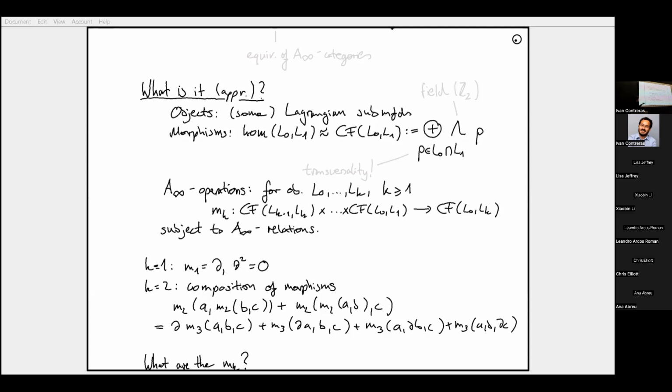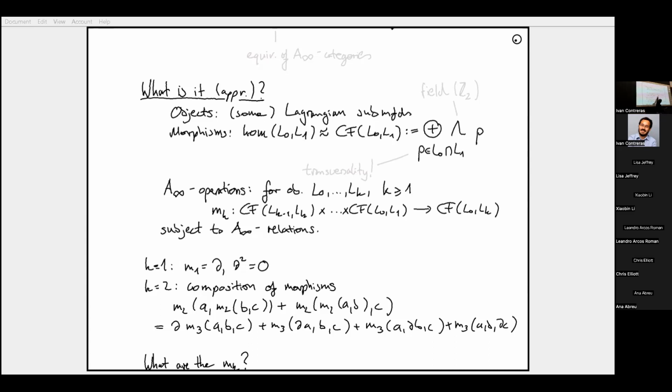On top of that, there's this A-infinity structure. For an ordinary category, you'd only be expected to be able to compose morphisms. Here, in addition to composition, which is a binary operation, we have one operation for each k larger or equal to 1 that will compose k morphisms that go between the correct Lagrangians.